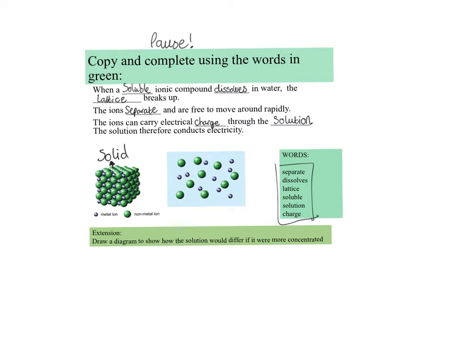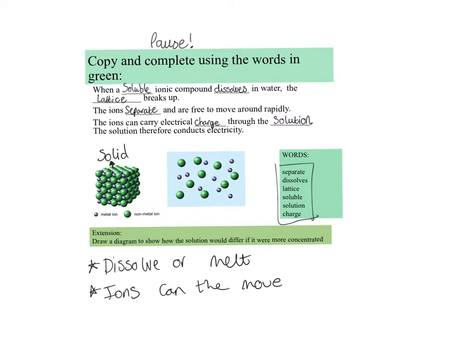So when you dissolve or melt them, the ions can then move. That means they can carry electricity. So that question comes up an awful lot. When can ionic compounds conduct electricity? When they have dissolved or melted so that the ions are free to move. When they are solid, it does not happen.